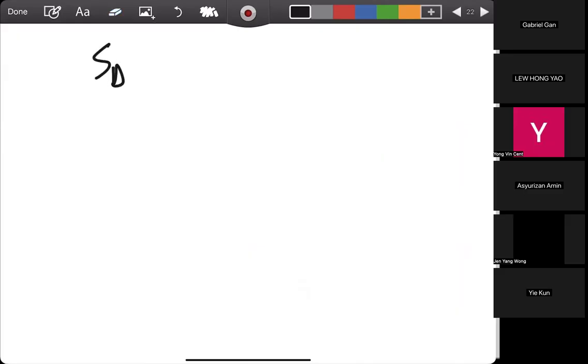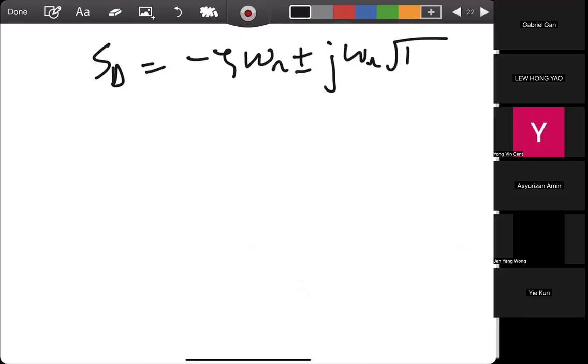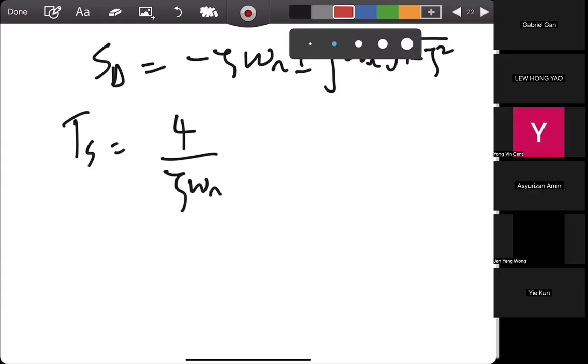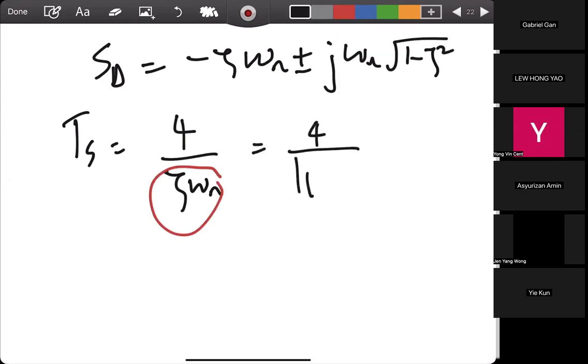The dominant pole is minus zeta omega n plus or minus j omega n square root of 1 minus zeta squared. Ts is equal to 4 divided by zeta omega n. So this zeta omega n is the real part, 4 divided by real, which is equal to 1.29 seconds.